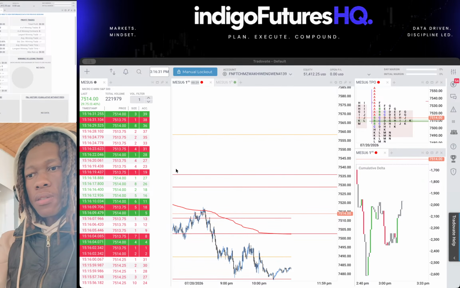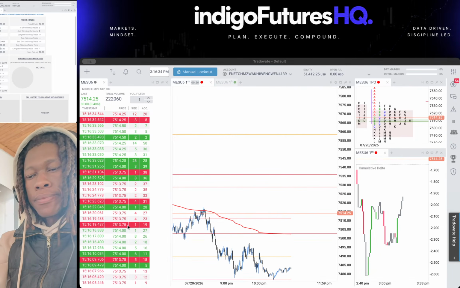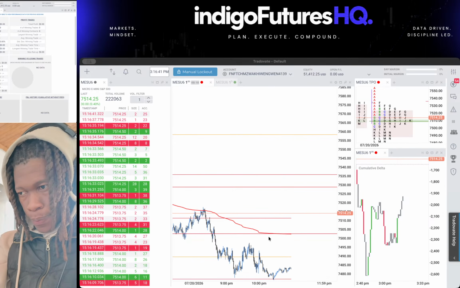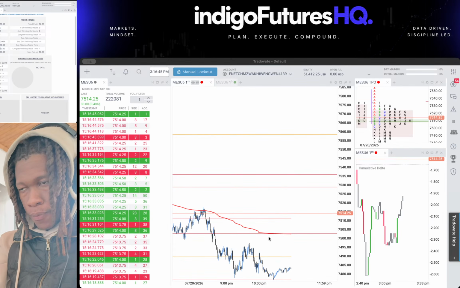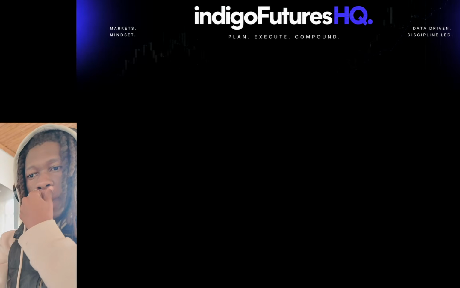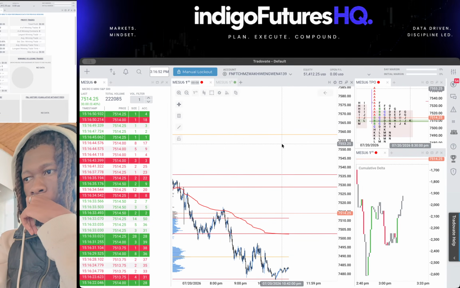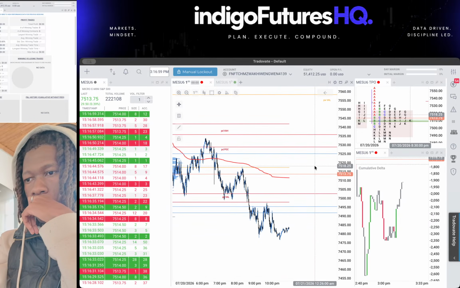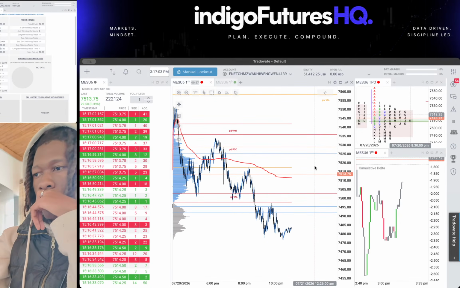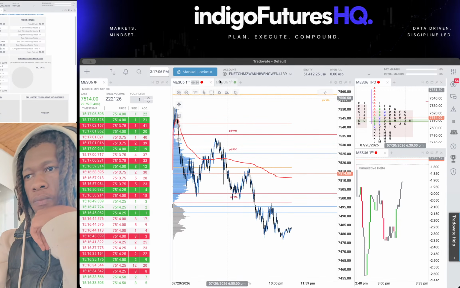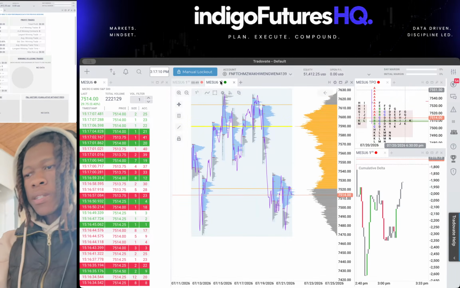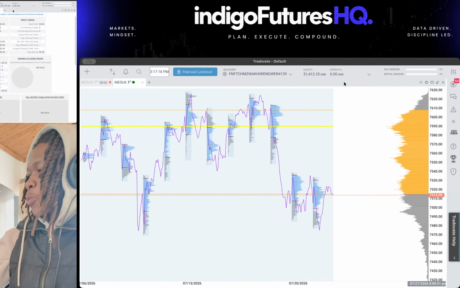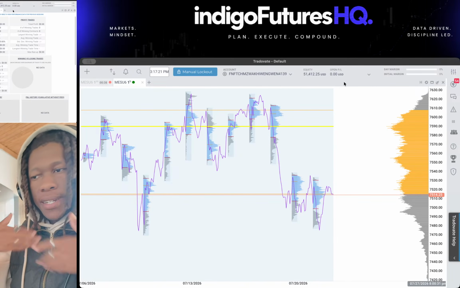I guess let's get it. Let's just have an overlook, a broader look at the composite volume profile, and then work our way down, right?